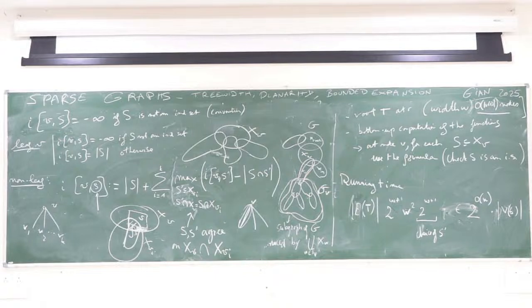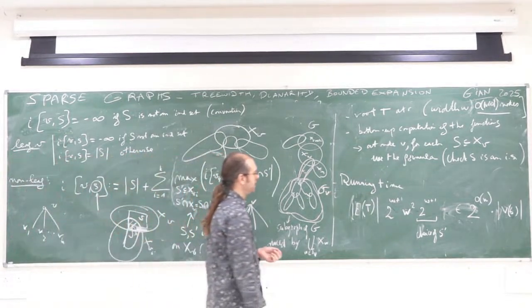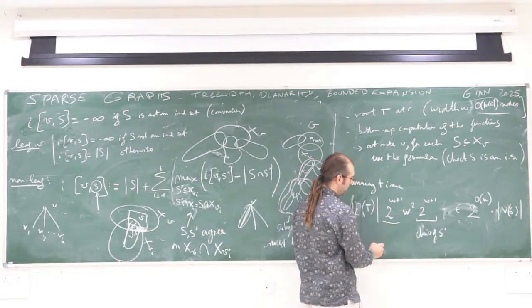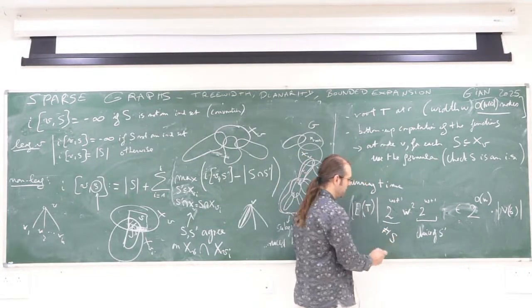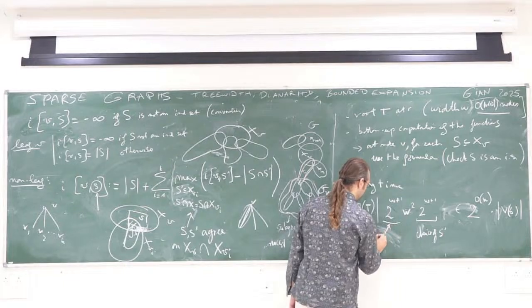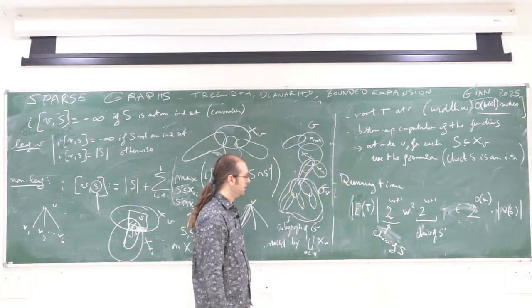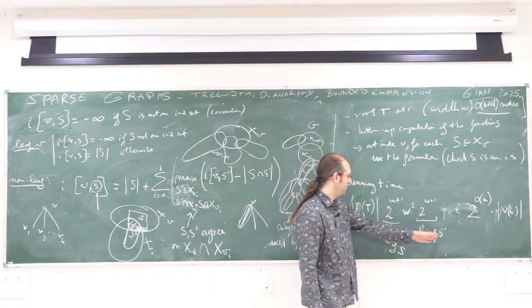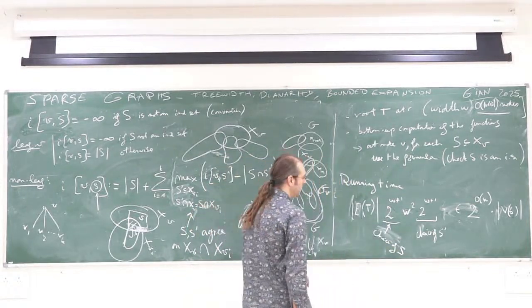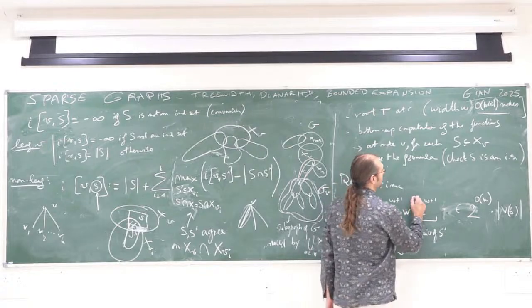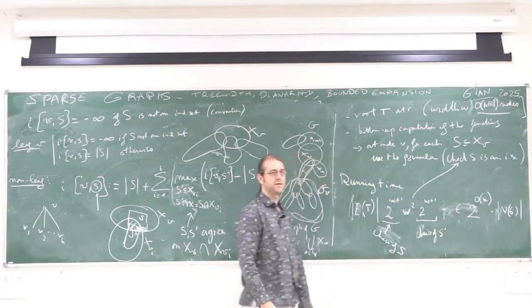Okay. Can you explain how you get the 2 to the power w plus 1 and w square? So this is the number of choices of S. This is the choice of S prime in the child, and this is checking that S is an independent set.